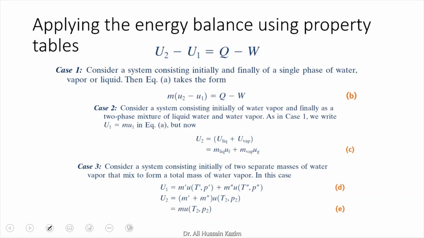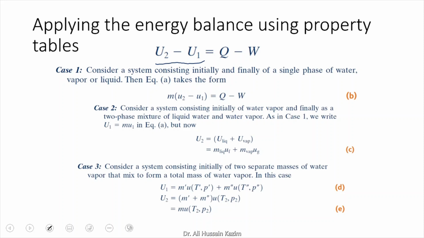So now moving to the next part is to apply the energy balance using property tables. This is the energy balance in which there is no change in kinetic energy and no change in potential energy. That is why we have on the left hand side only the internal energy terms. Now this is capital U2 minus U1.